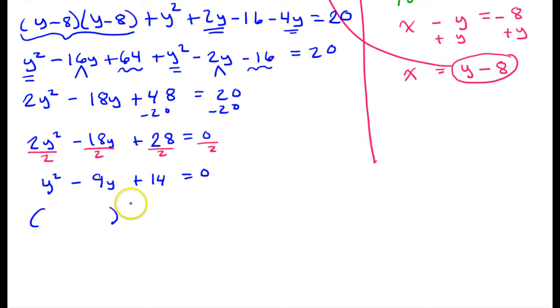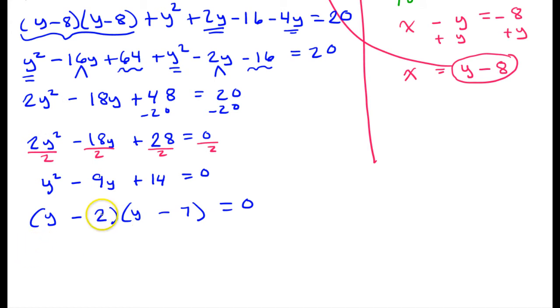Hopefully this is factorable, otherwise I will have to use the quadratic formula. So y squared is certainly y times y. 14 is 2 times 7. If I make both of these negative, that will give me the negative 9 as well.